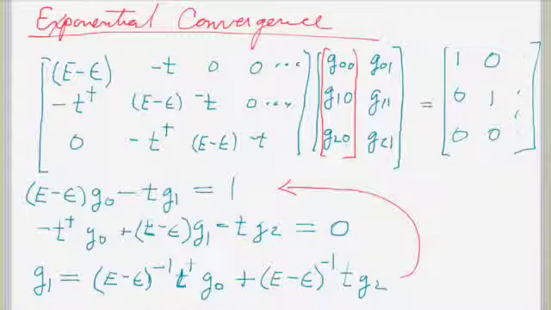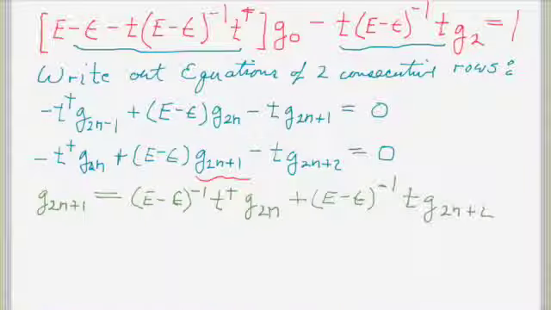Every equation is going to be the same except the indices on the green function get shifted by 1. Which means I can just take this equation in green and shift all the indices and get an equation for G2n minus 1.